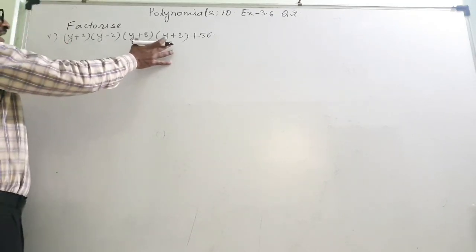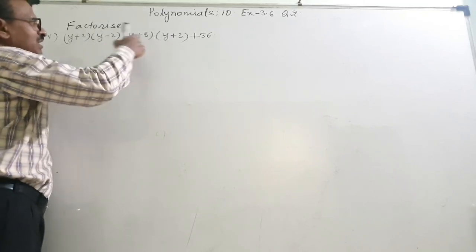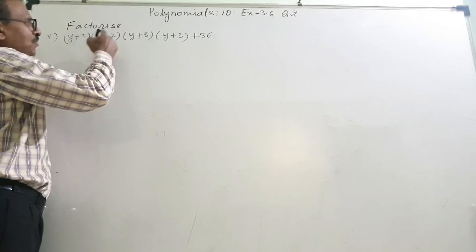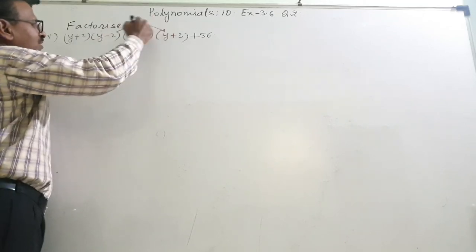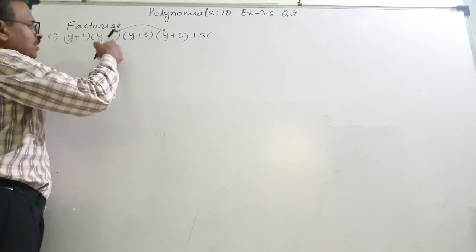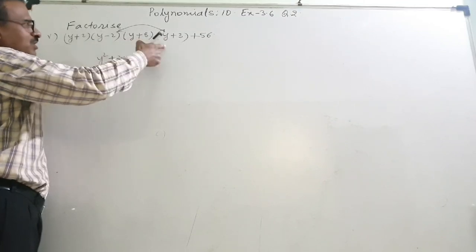So if I take these two factors together, the last term will be, see this, these two if I connect together and do the multiplication, y square plus y minus 6, this will be the multiplication of these two.